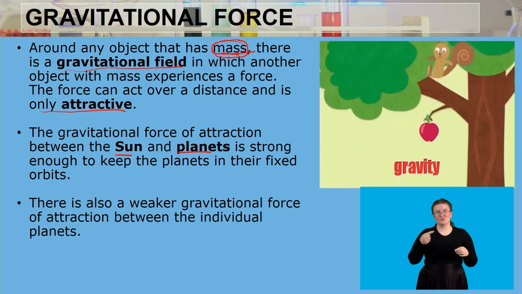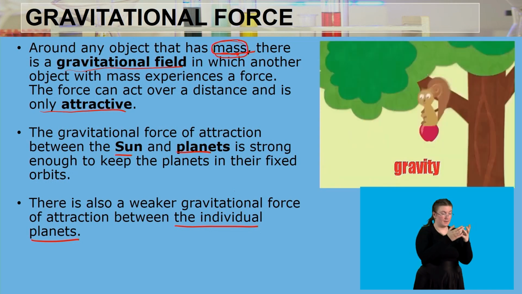We also have a weaker gravitational force of attraction between the individual planets. So any two objects that have mass will experience a force between themselves, and that force is only attractive, as we have said. So between planet Earth and planet Mercury, and between Venus and other planets, there's always going to be that force of attraction between the two planets.